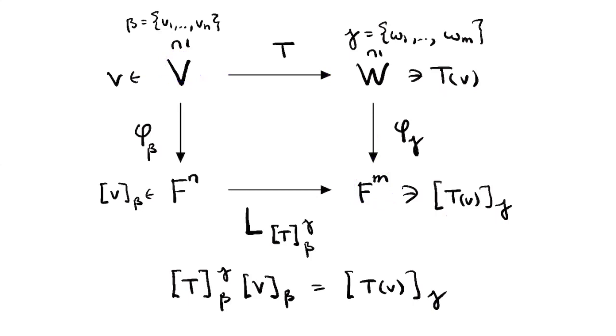So that's this expression. Or you could first look at the coordinates of V in Fn, and then left multiply by the matrix of T in these bases. That's this expression. And the fact that they're equal is usually denoted in a diagram like this by putting a little circle. So that circle means that the diagram is so-called commutative.